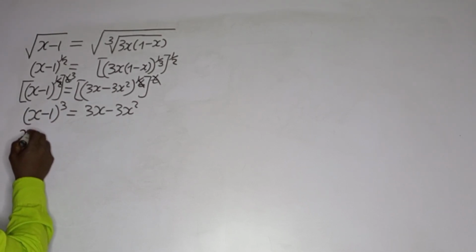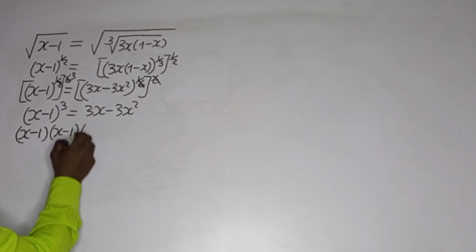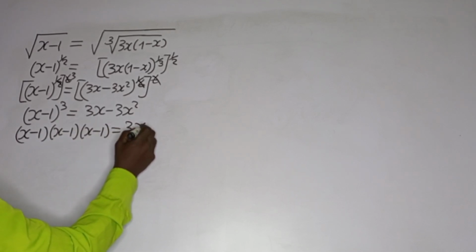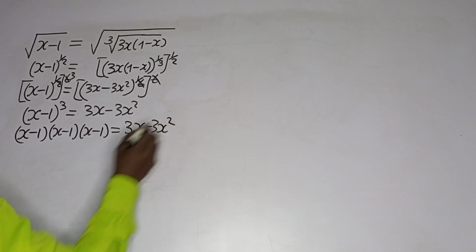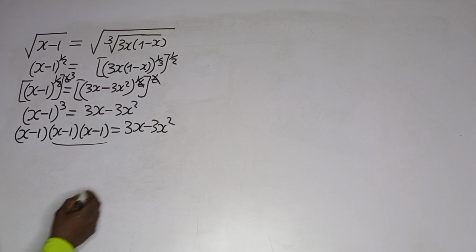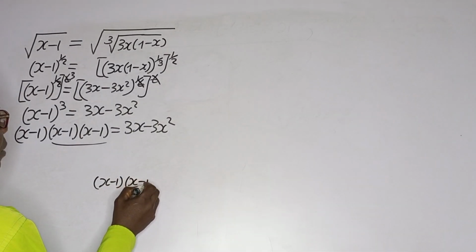That is the same as x minus 1 into x minus 1 into x minus 1 is equal to 3x minus 3x squared. Let's expand this. Let's first of all expand this one. We have x minus 1 into x minus 1.